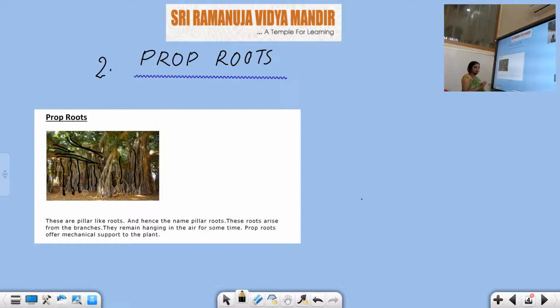Here they are fixing, and once fixed, they become pillar-like. So prop root is also known as pillar roots.